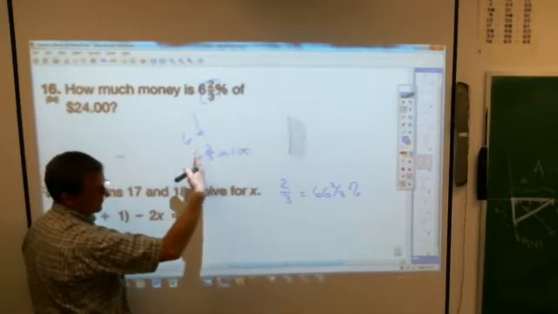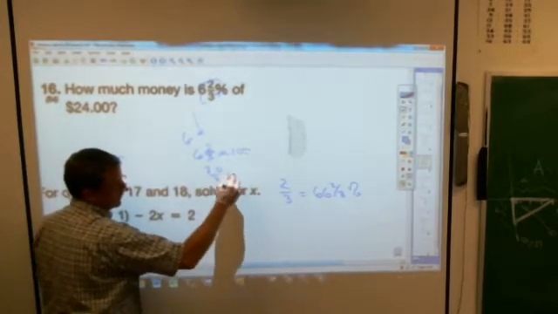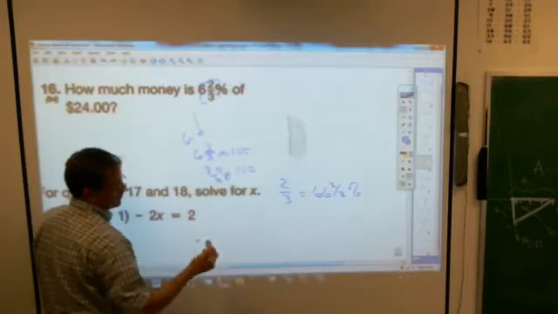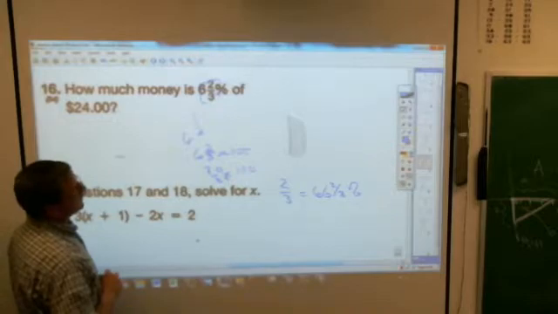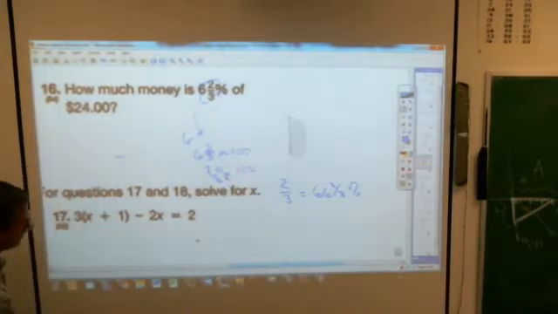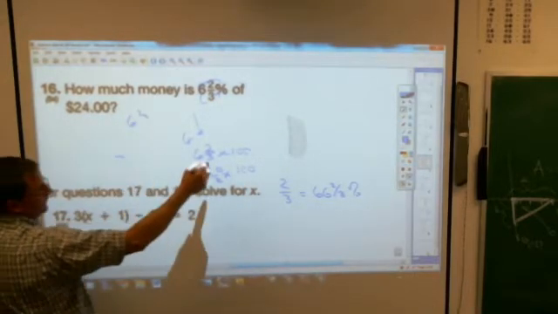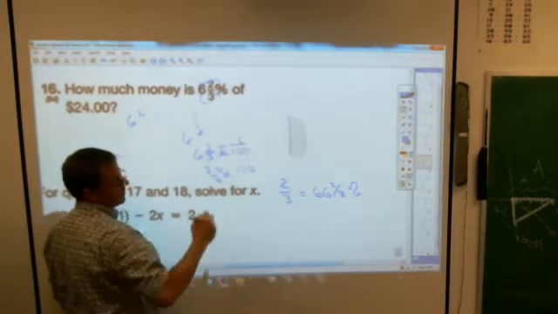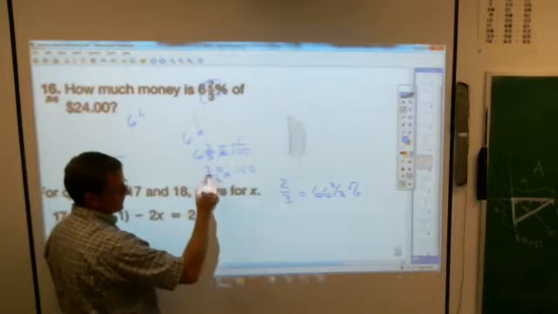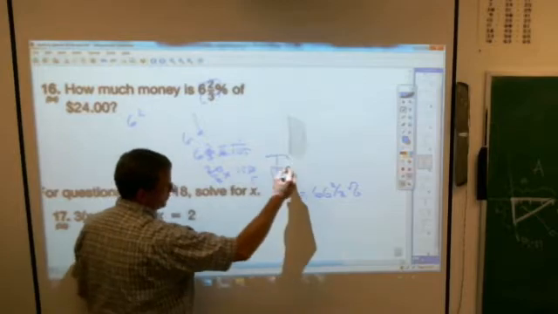This is 20 over 3 times 100, which is 2,000 over... Oh no, that's changing 6 2/3%. I'm sorry, you have to divide by 100, which means you multiply by 1 over 100, which means this crosses off with that down there, and the fraction for 6 2/3% is 1/15.